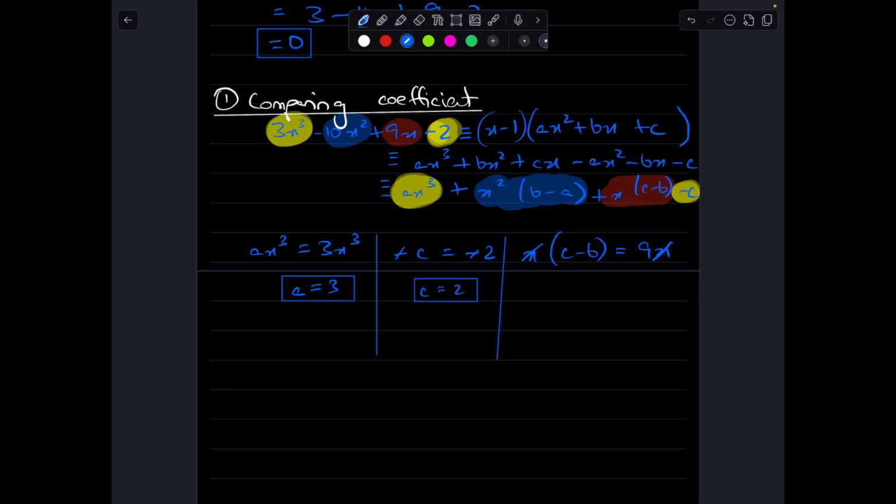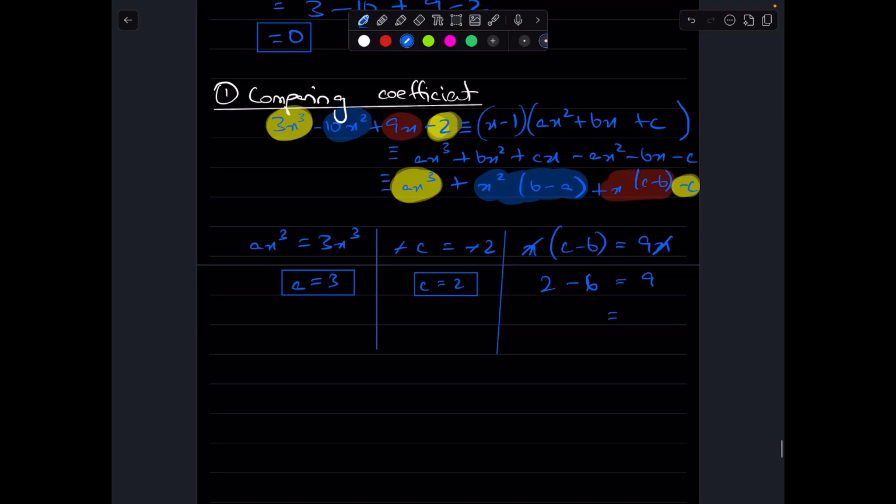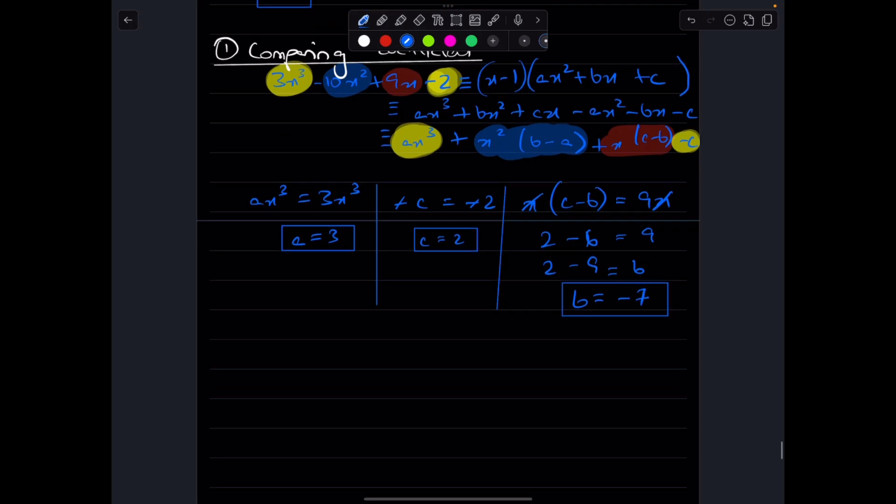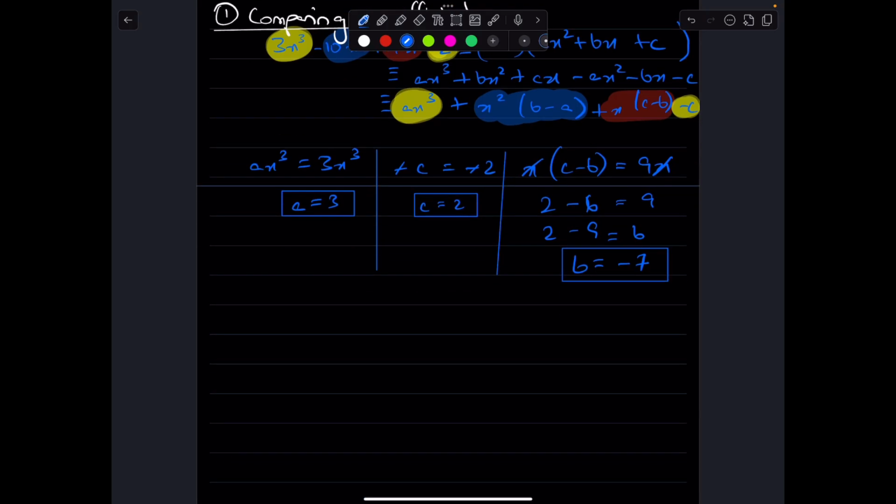So we have 2 minus b is equal to 9. And the b goes there. 2 minus 9. So b turns out to be minus 7. And so we can form our quadratic equation, which looks something like this.